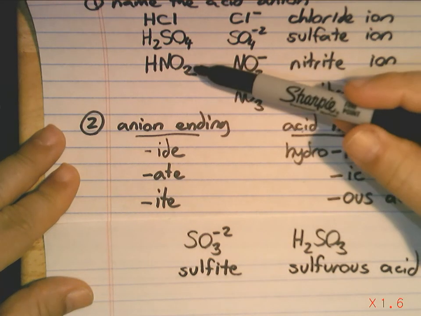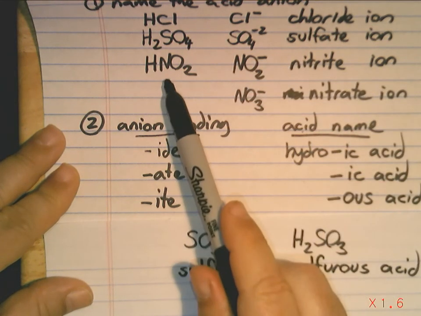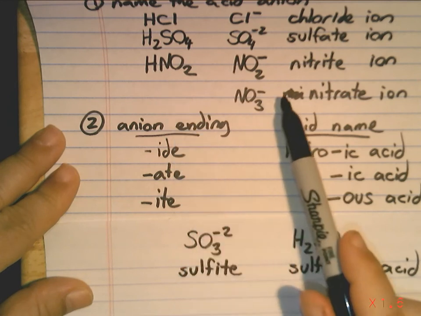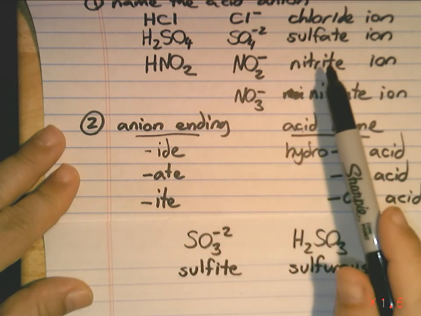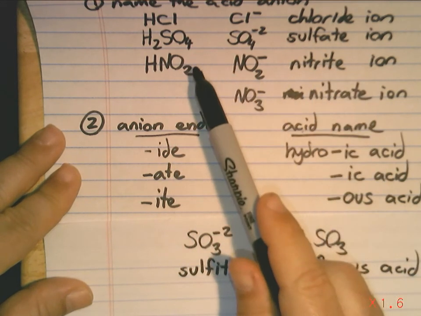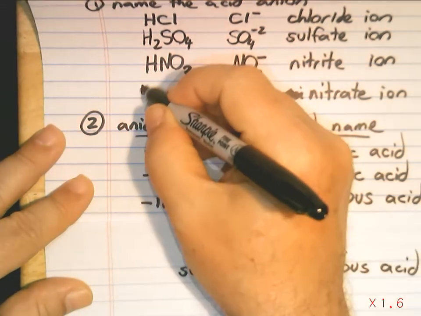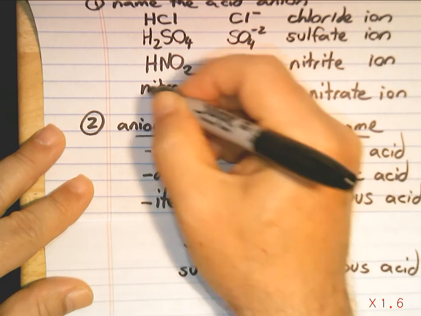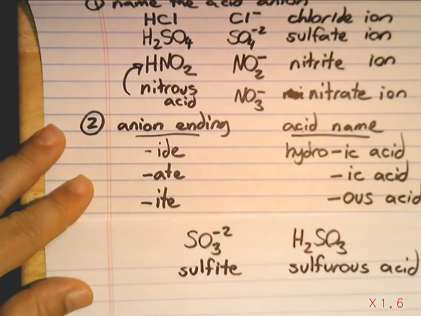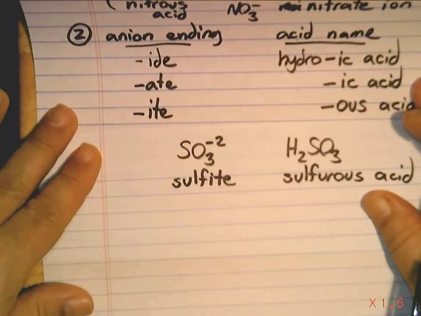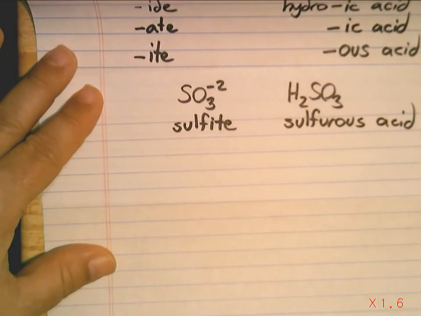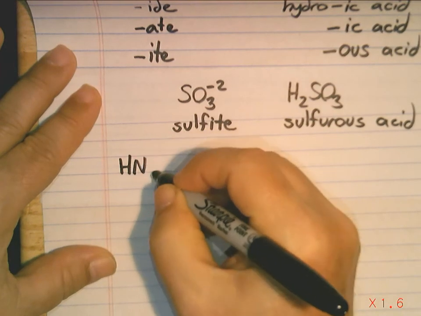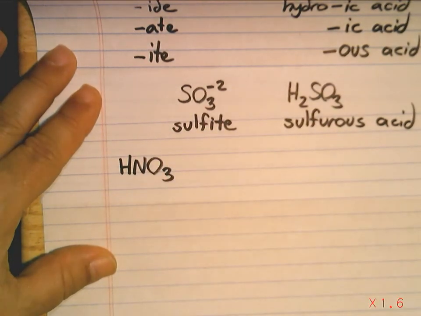What about this one up here? What would this acid be called? If this is a nitrite ion, I'm going to take the ITE off and I'm going to call this nitrous acid. Now, drill yourself on these. Give yourself a bunch of acids and see if you can work out the name. Here's the step-by-step process.